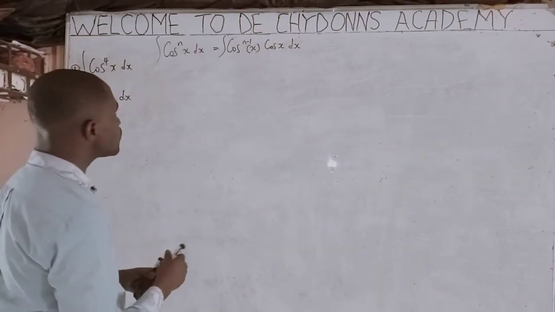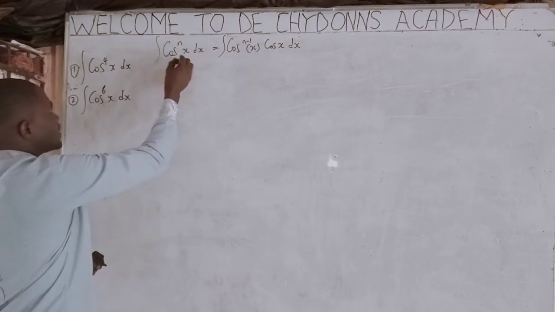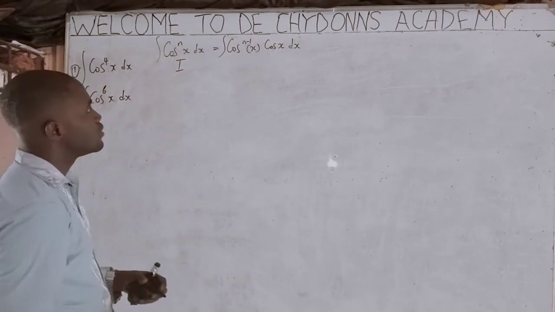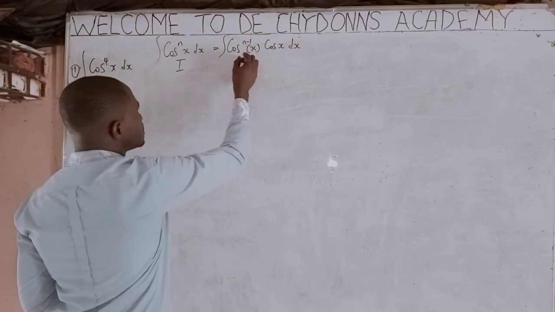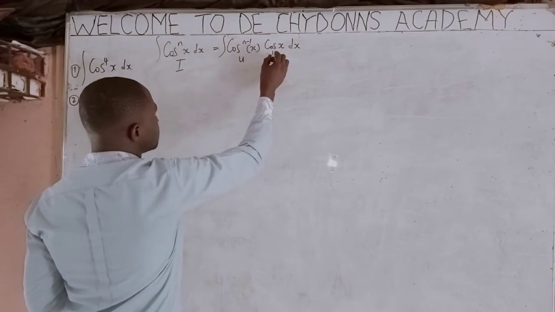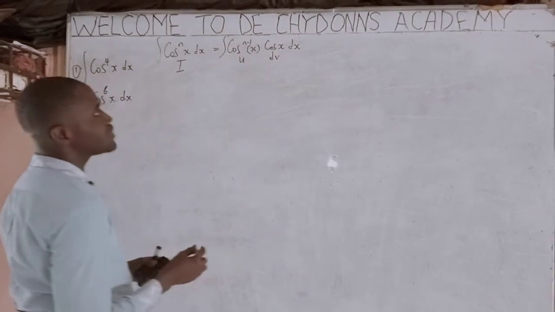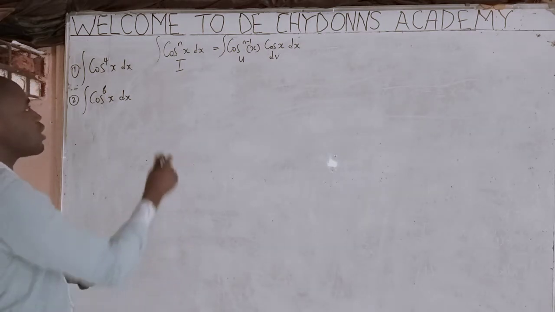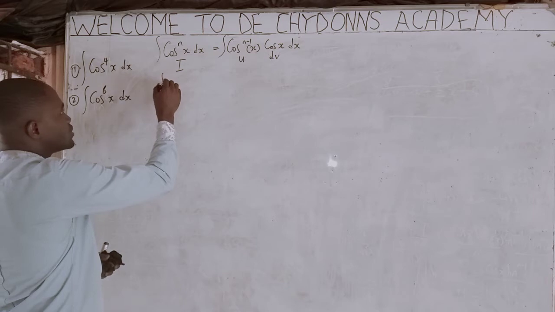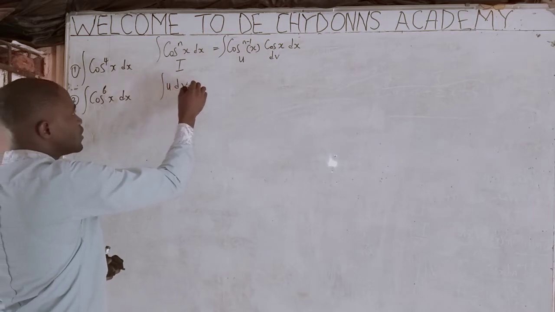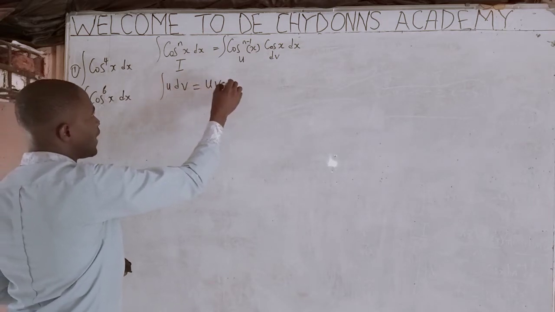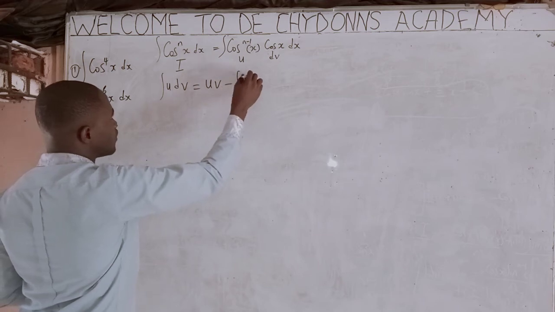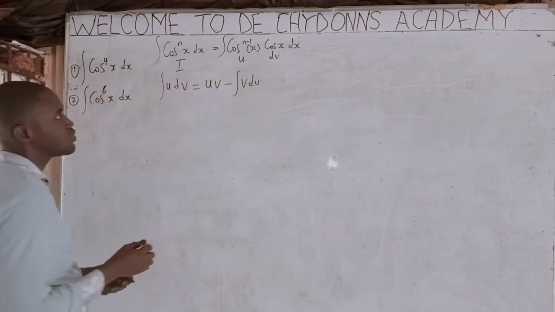Then we'll call this I in this video. Then you say that this is your u and this is your dv. Remember that in the product rule of integration, we have that integration u dv is equal to uv minus integration v du.